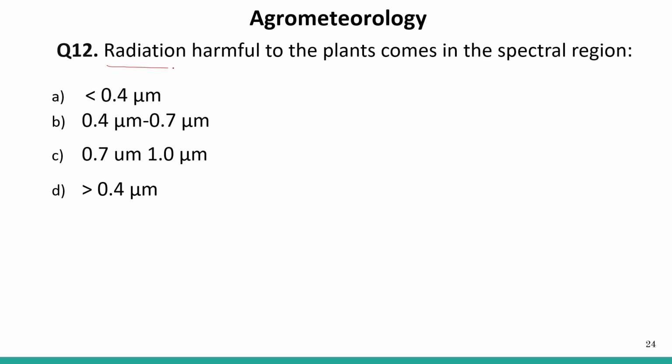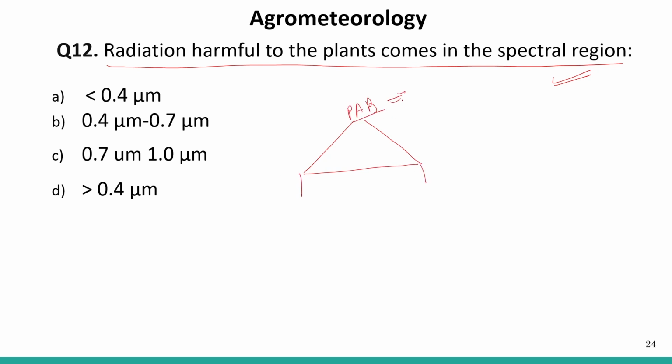The radiation harmful to the plants come in the spectral region. So we are having a spectral region. Okay. So the spectral region that is useful for the plants is called PAR, that is photosynthetic active radiation.